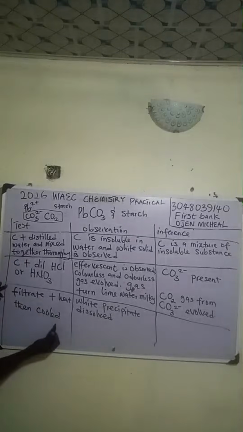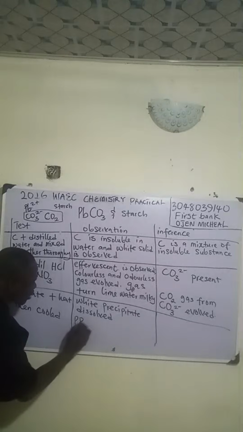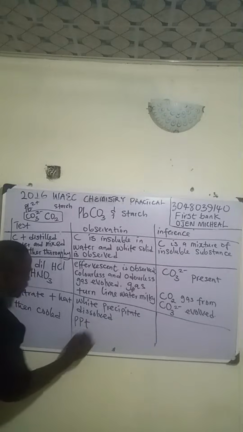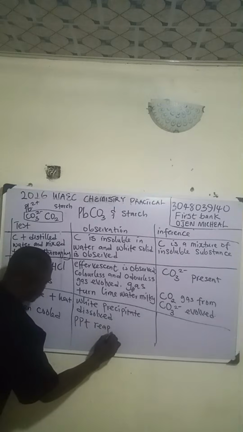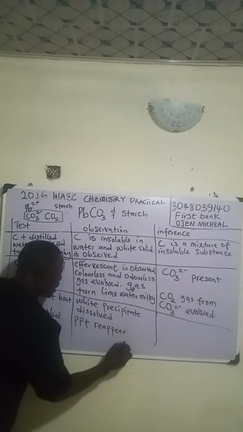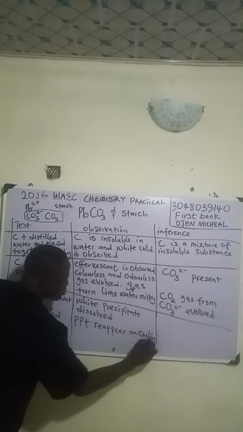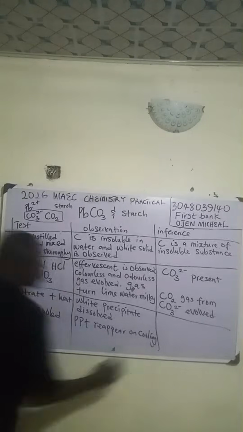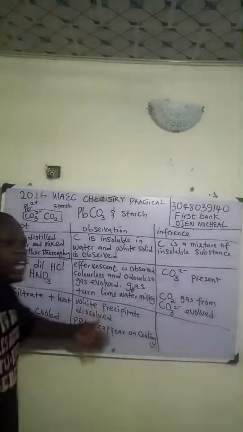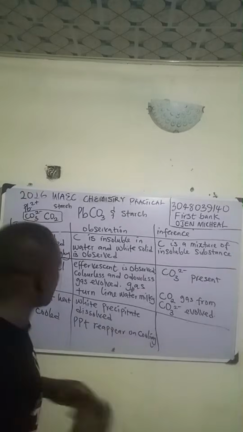When you now allow it to cool, you see precipitate reappear. Reappear on cooling. By the time you heat it here, the precipitate will dissolve. I've shown you how the equation is.